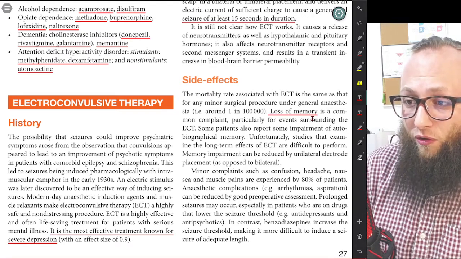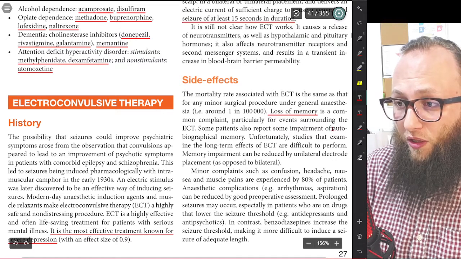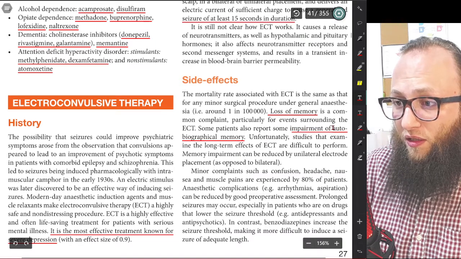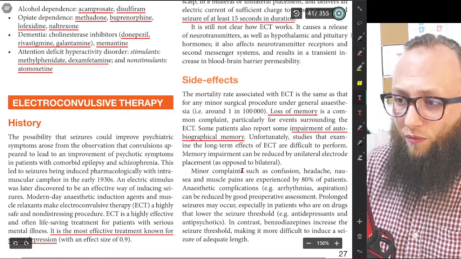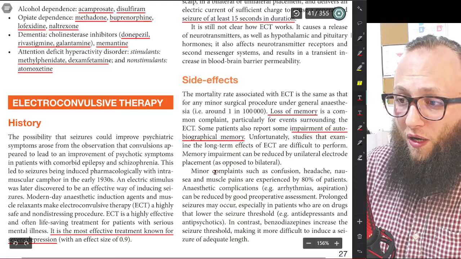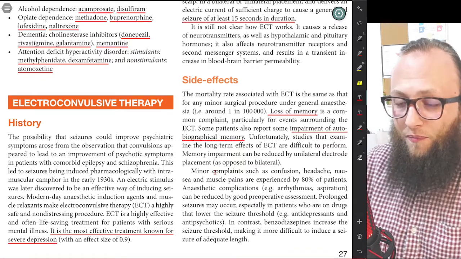Some patients also report some impairment of autobiographical memory. Unfortunately, studies that examine the long-term effects of ECT are difficult to perform. Memory impairment can be reduced by unilateral electrode placement as opposed to bilateral.